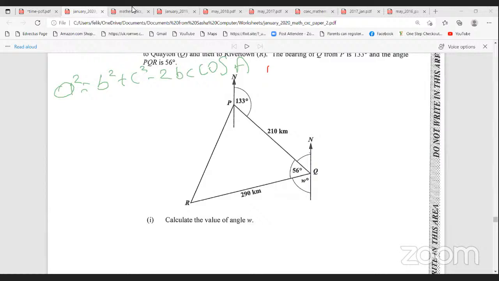Just remember, from R to P, RP. Yeah, because the angle is opposite to the A side, which is the one you want to find.